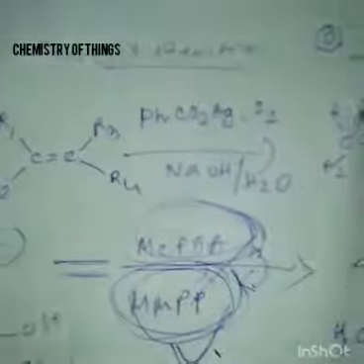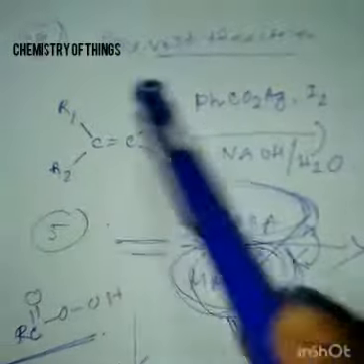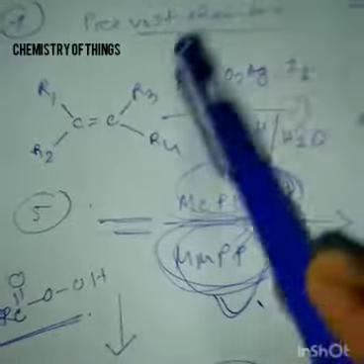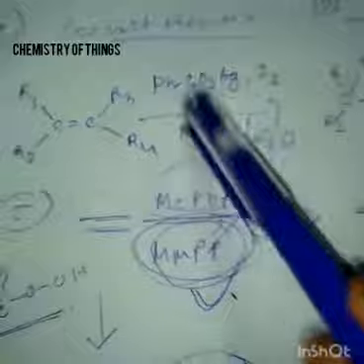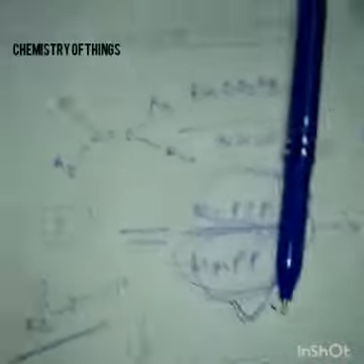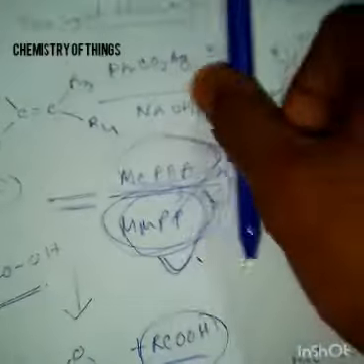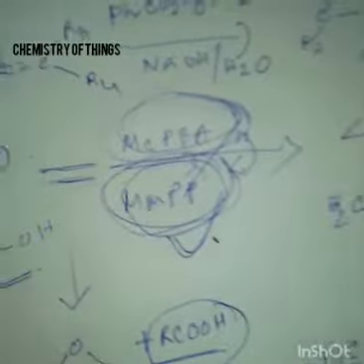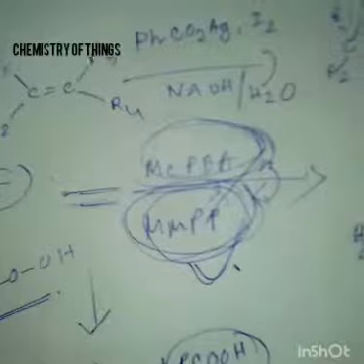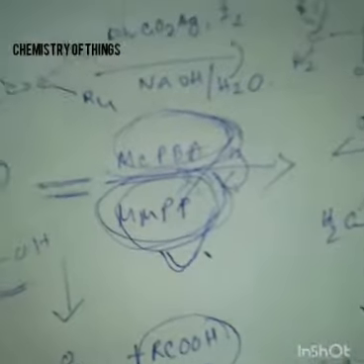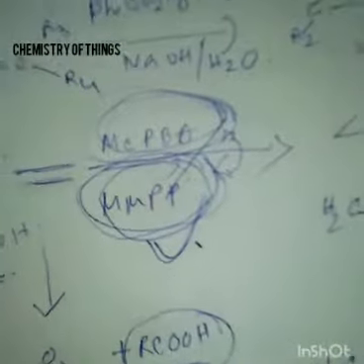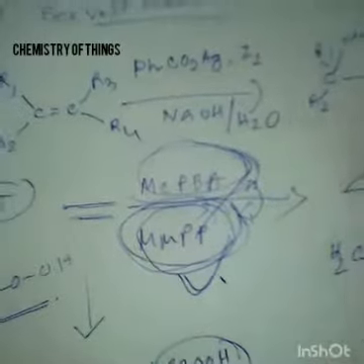Then we have the Prevost reaction, from this via this. The reagent is actually quite heavy, so you don't have to remember all of it. I mean, you have to remember, but you can't remember. Your syllabus is quite heavy, but if you remember, it's good. If this comes in your exams, you can easily tackle it.